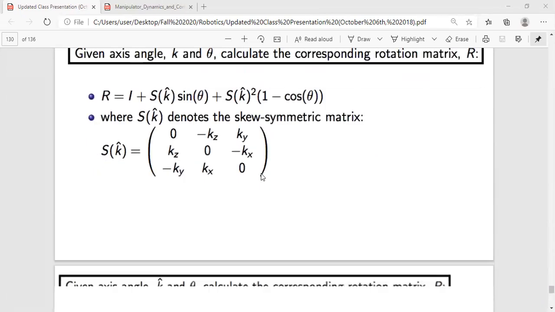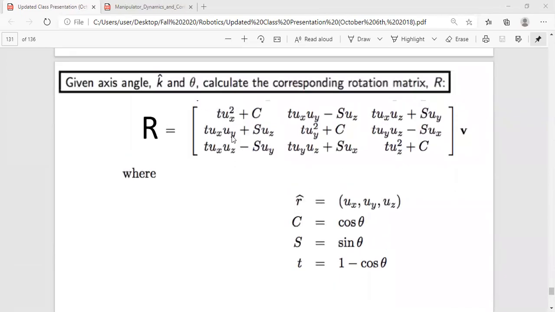If you do this operation, you end up with this rotation matrix where Ux, Uy, and Uz are the components of your axis vector about which you are making the rotation. Theta is the angle about which you are rotating, and you can just plug that in.